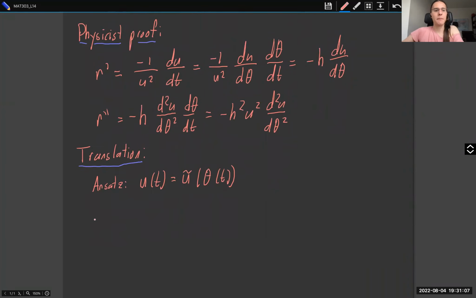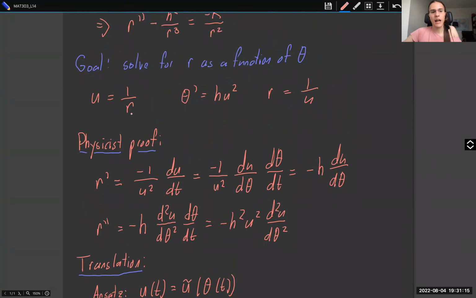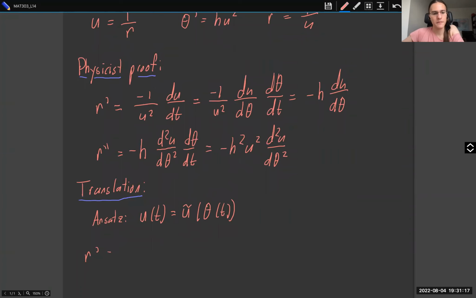So then what's going to happen is that when we consider r prime, well, that's 1 over u, and this is a function of time. So we're still differentiating with respect to time. Now, this means this is the derivative with respect to time of u tilde of theta of t.